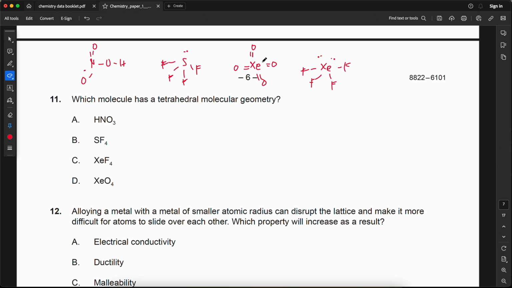This one has 4 domains, it's tetrahedral, and this one is 5 domains, 1 lone pair, which is seesaw, and this one is trigonal planar, for N. And therefore the answer is XeO4.